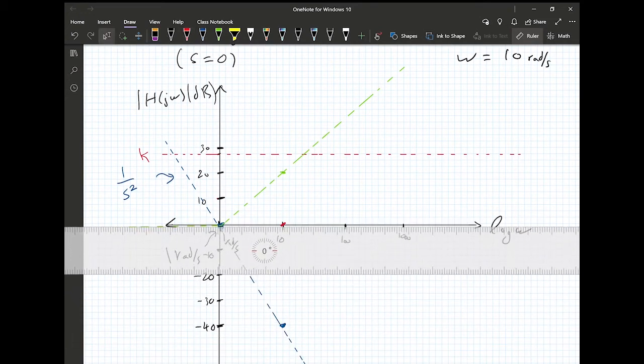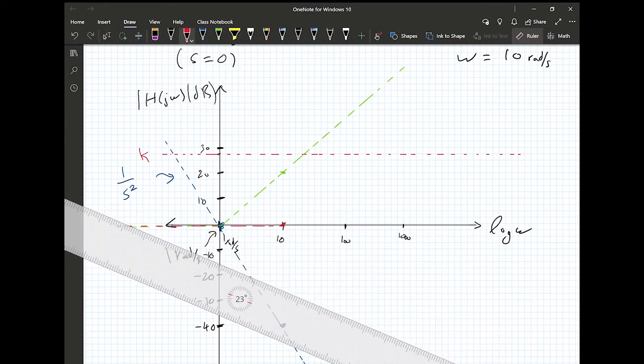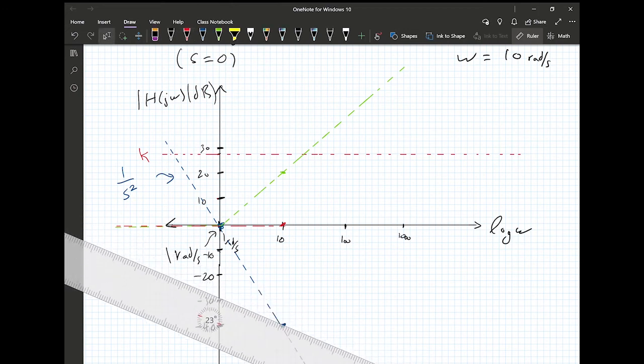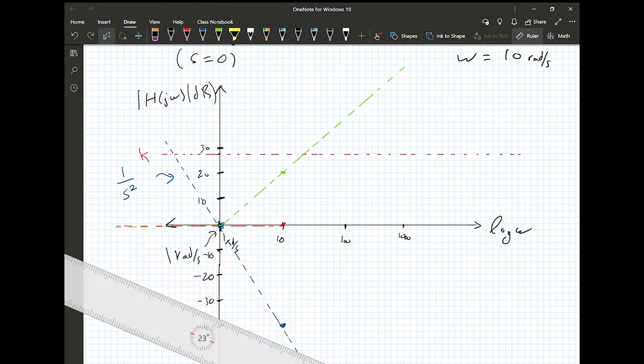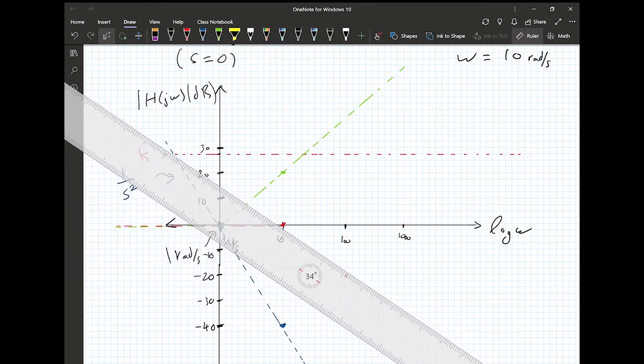So the pole is like this. And then at 10, it goes down minus 20 dBs per decade. So at 100, it should hit minus 20 dB. So at minus 20 dB at 100 is this point. So we should go down with a slope like this.